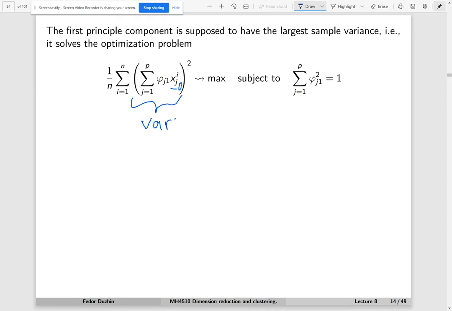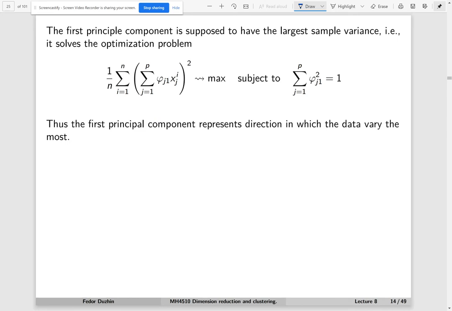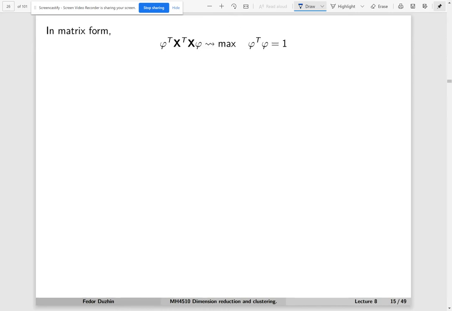And I'm going to maximize it, subject to the condition that the norm of my first loading vector is 1. Because of this, the first principal component represents the direction in which the data vary the most. Notice that it doesn't mean that a particular variable varies the most. It's like the whole data set varies the most.